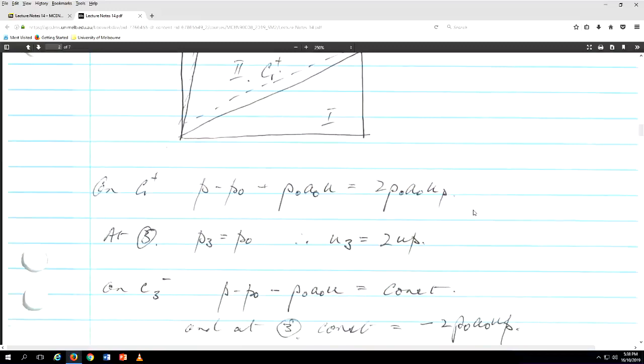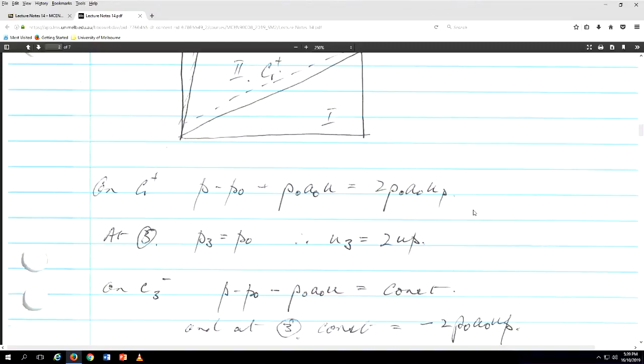So on C3 minus, P minus P0 minus rho naught A naught U is a constant. And at 3, P3 is equal to P0, and the constant is this thing here, but U3 is 2 UP, so it's minus 2 rho naught A naught UP.